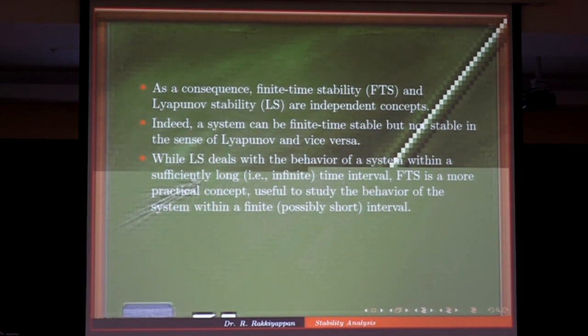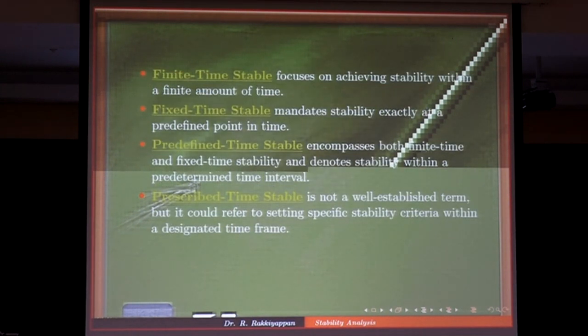Lyapunov stability deals with the behavior of a system within a sufficiently long, that is infinite, time interval. Finite time stability is a more practical concept, useful to study the behavior of the system within a finite interval. So finite time stability focuses on achieving stability within a finite amount of time. Fixed time stability mandates the stability exactly at a predefined point in time, so here we want to estimate the settling time.